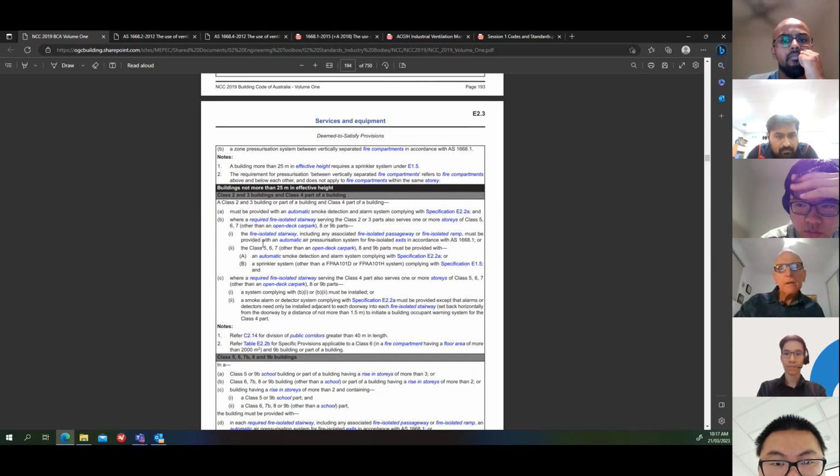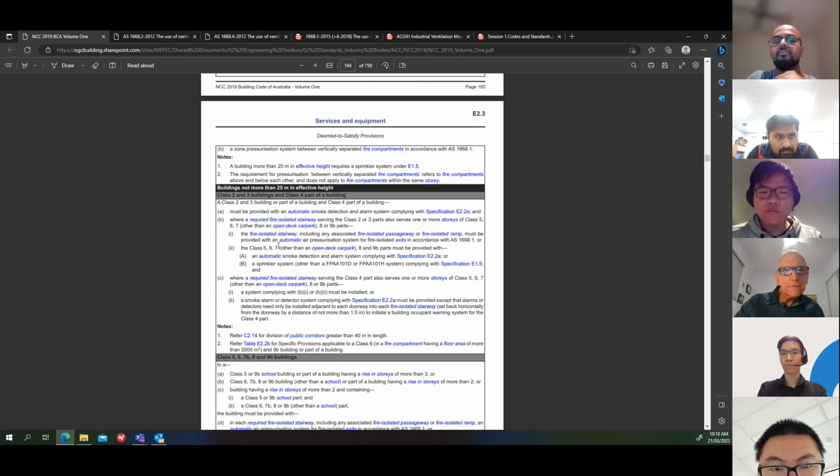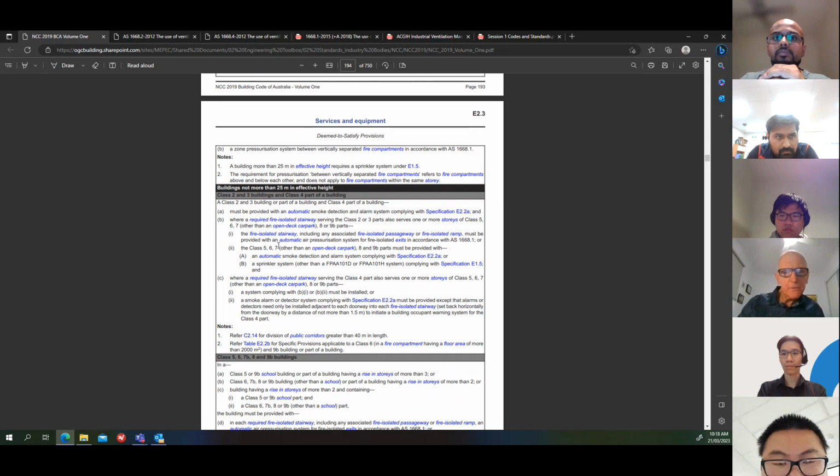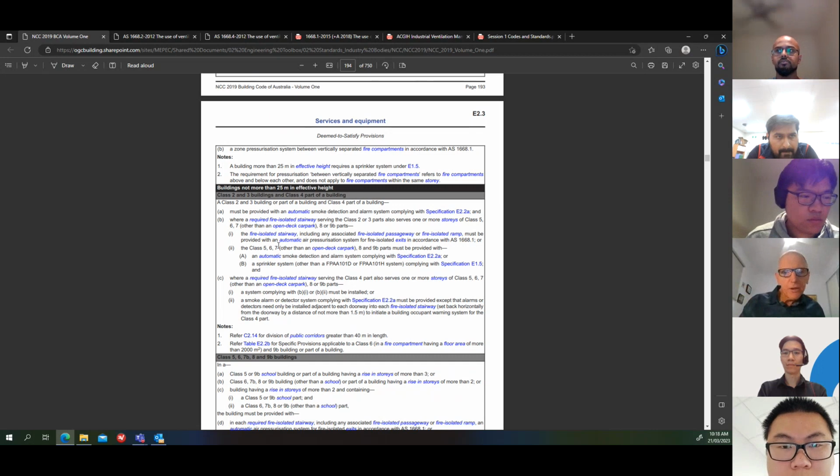They might say, well, the NCC and AS1668 Part 1 says that we have to have a pressurisation system, smoke control. However, the fire engineer might come up with a way to delete that or to take it out and provide something else to achieve the same objective. You know, I'm not saying that they will, but they just might. They might do anything. Or they might say, well, NCC doesn't require this.